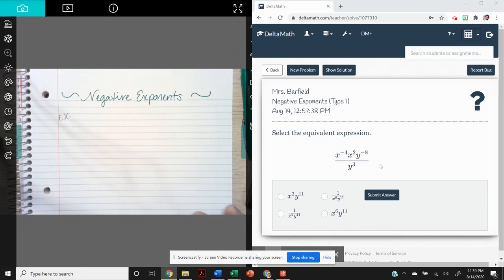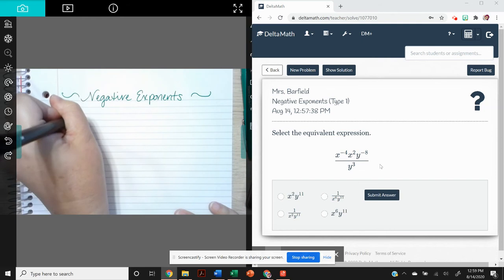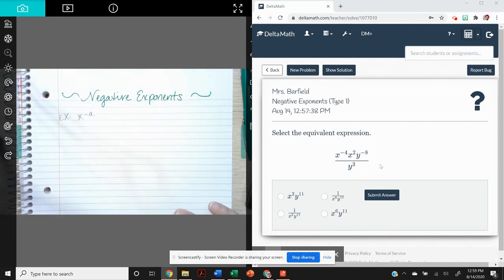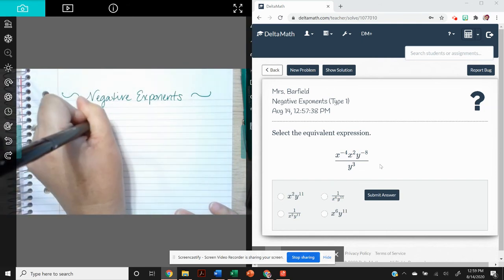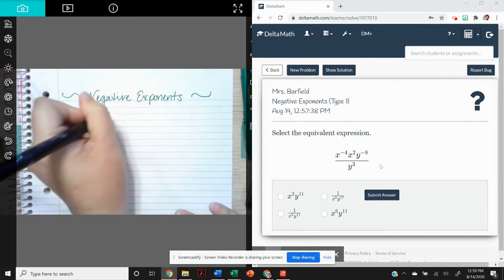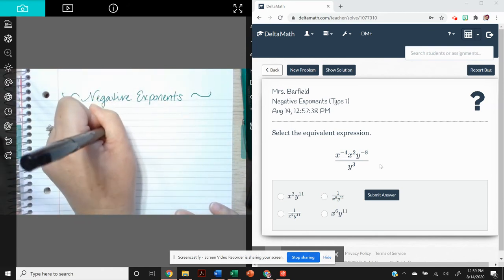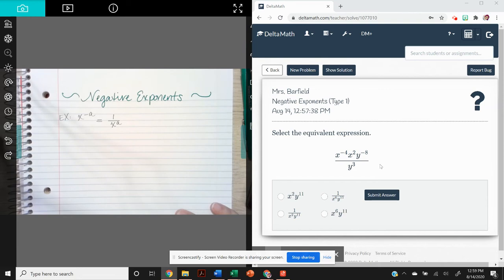Now, here's how it works. Okay. If you have x to the negative a, that is equal to 1 over x to the a.